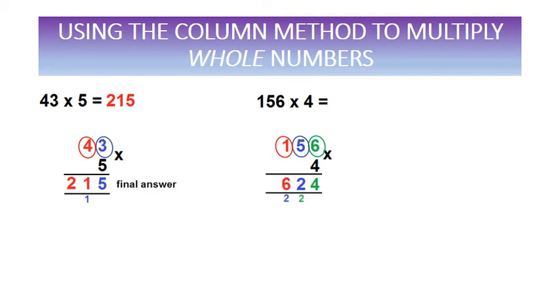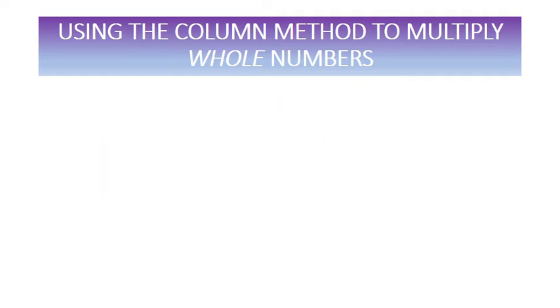And I can put that straight into my answer. So my final answer is 624. And I've colour-coded those so that you can see which numbers are the answers to which steps. So we've used the column method to multiply a number by a single digit.